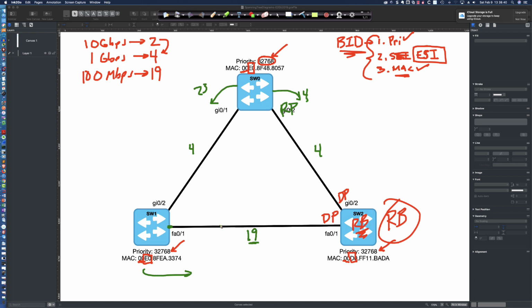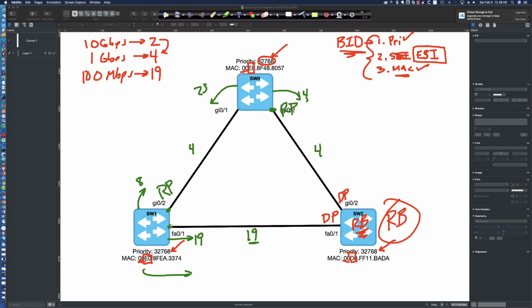Remember, it's for the port, for the egress port, the outgoing port toward the root bridge. So the cost is 19 going this way. If I go this way, the cost is 4, and then the egress port here is 4. The cost is 8 as opposed to 19. So my root port on switch 1 is that guy.